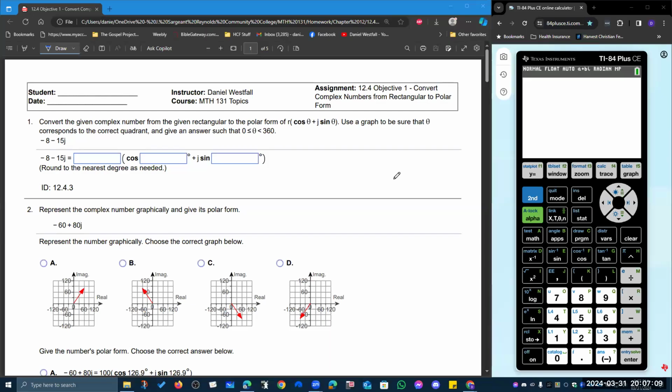In this video, we're going to talk about 12.4 Objective 1, where we convert complex numbers from rectangular to polar form. A couple equations to know are x equals r cosine theta, y equals r sine theta.